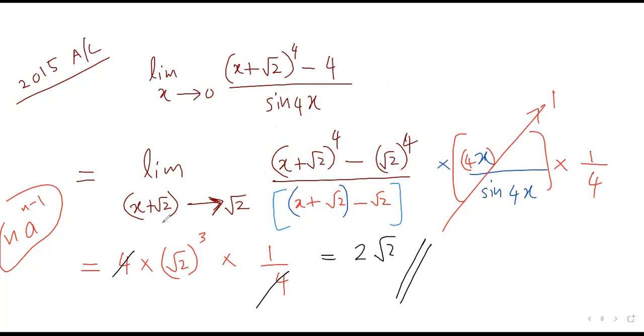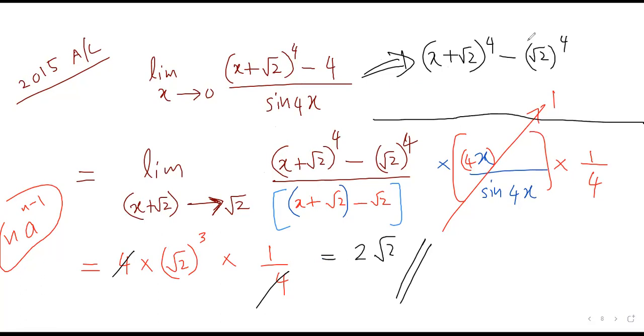For that, you had to do some changes, but you can factorize the numerator, like x plus root 2 to power 4 minus root 2 to power 4.